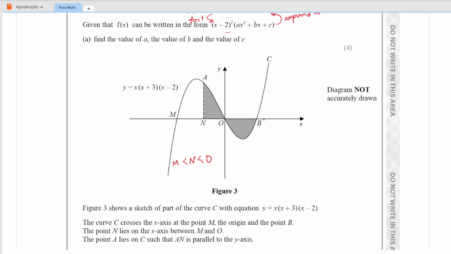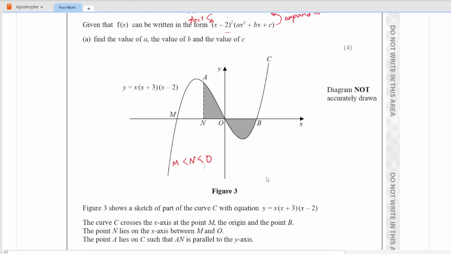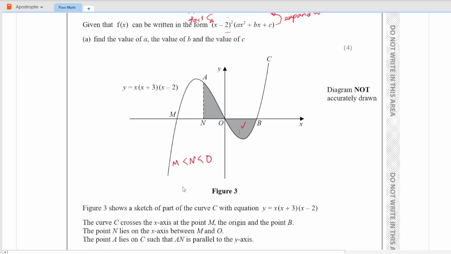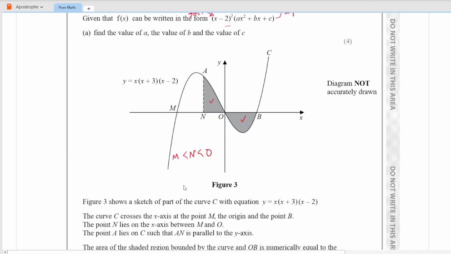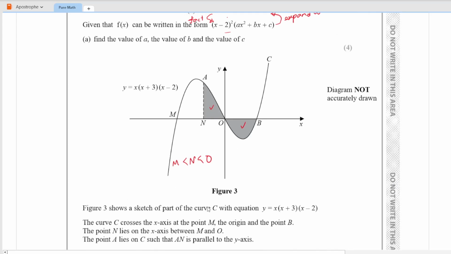So the area of the shaded region bounded by the curve OB, which is this one, is numerically equal to the area of the shaded region bounded by the curve ON and this one. So these are numerically equal, given that the coordinates of N are (n, 0).